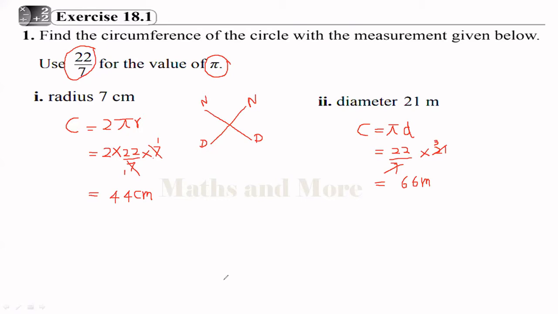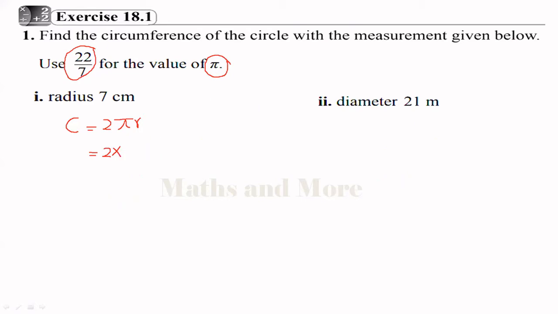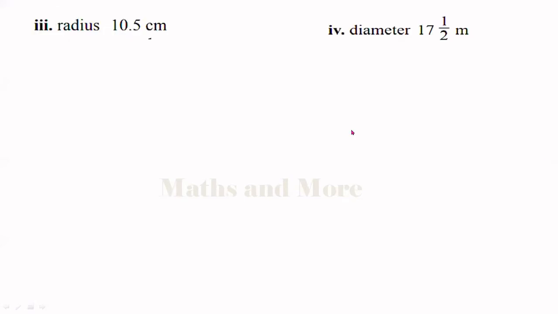Next problem. Now the radius is given as 10.5 centimeters. 10.5 has decimal numbers. I will tell you an easy method.